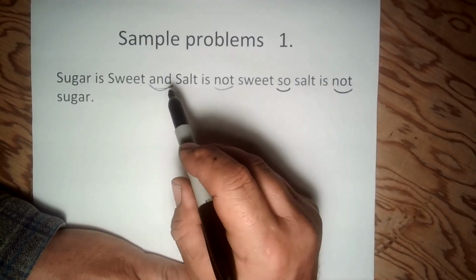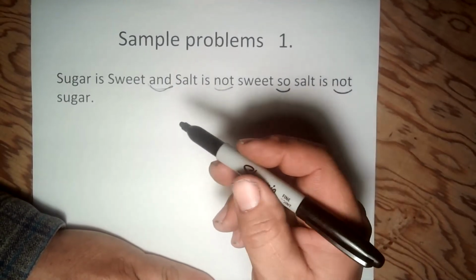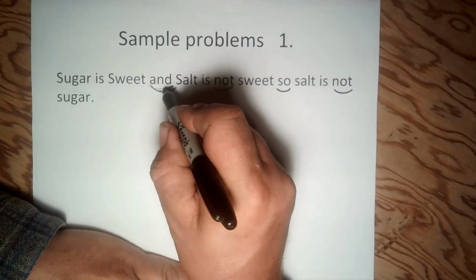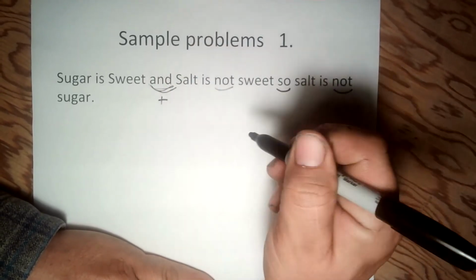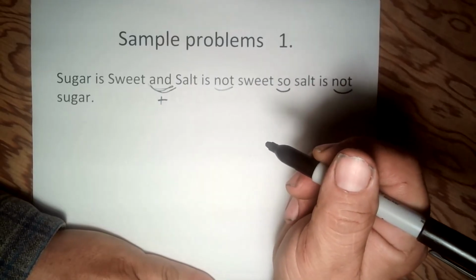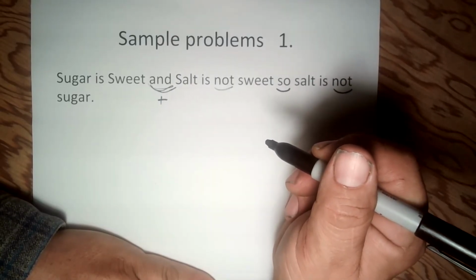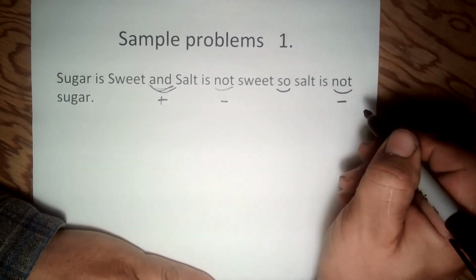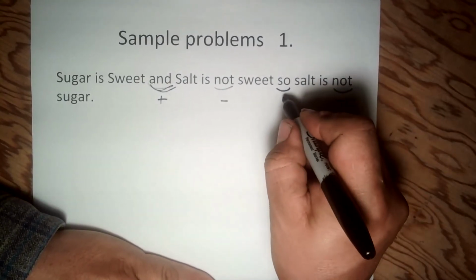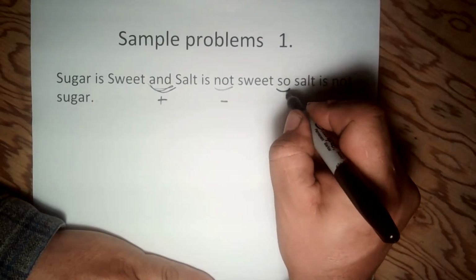They don't have any sort of word meaning relevance, right? So what is the and doing? It's joining two premises. The not is negating in each case, and the so is indicating conclusion.